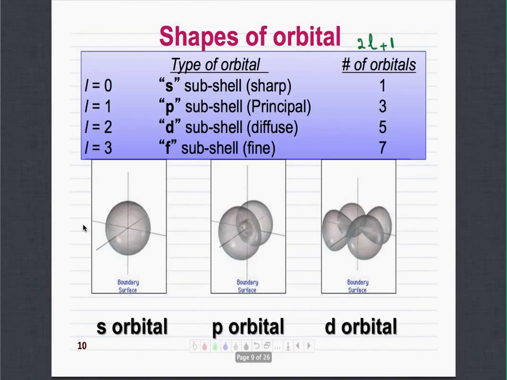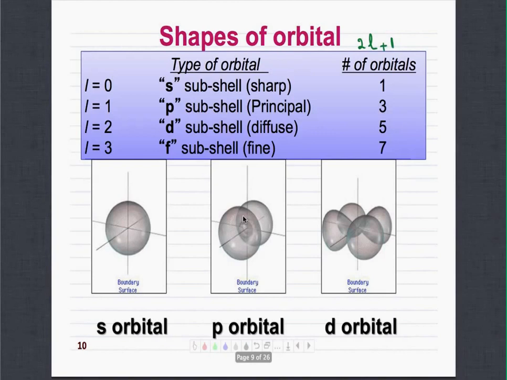Now, if it is a P, then the highest probability is to find the electron between those two lobes, the green and the blue thing that you see. Each one of these is PZ, PX. It's called PX because it's on the x-axis, this is on the z, and this is on the y-axis.